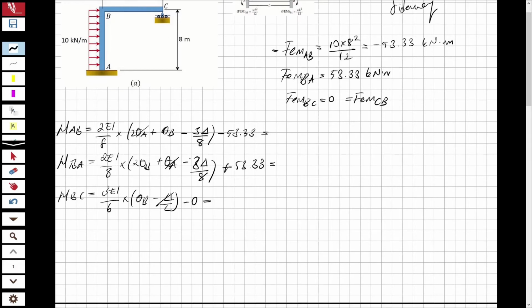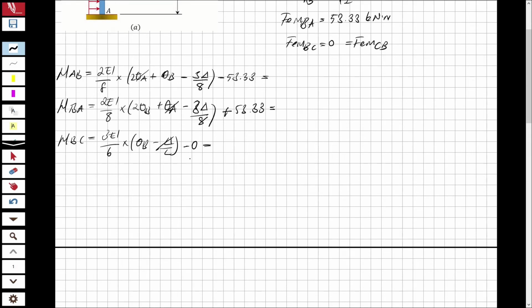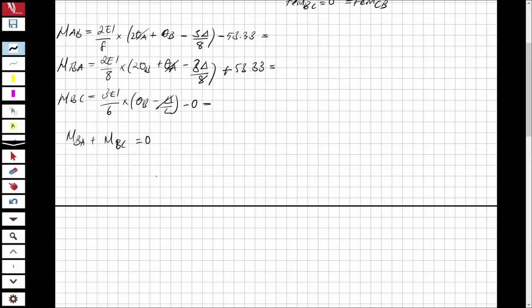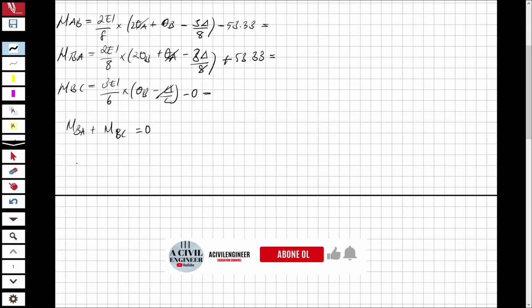So now let's write it: moment BA plus moment BC is equal to 0, right? Everyone knows that. So I'm going to write the equation here.